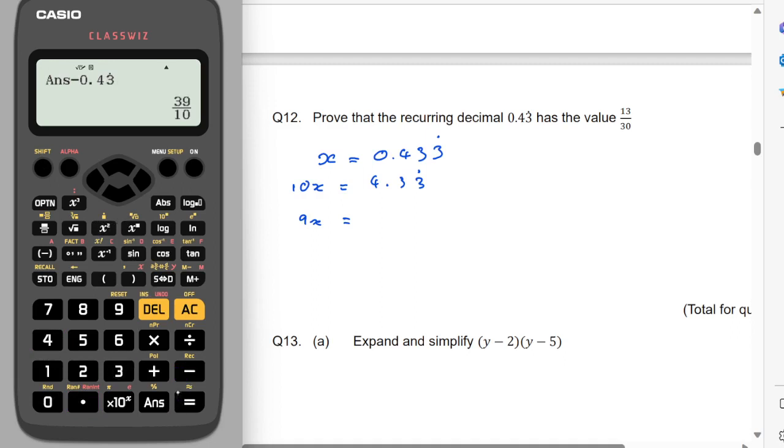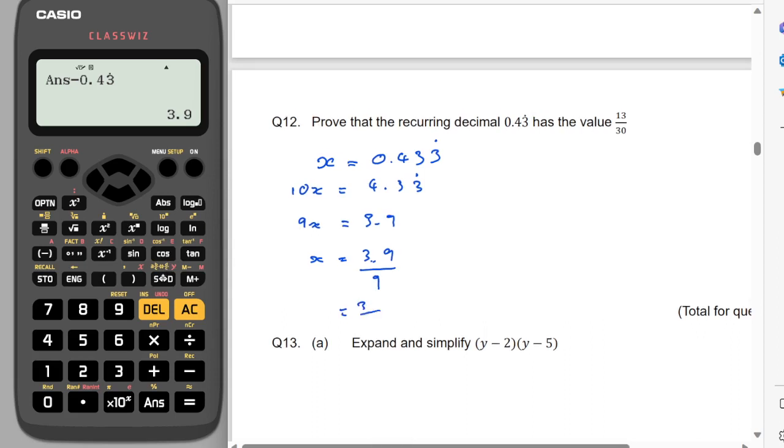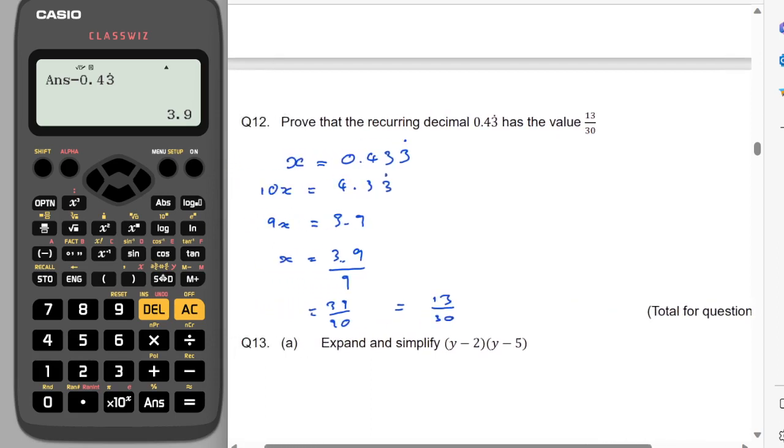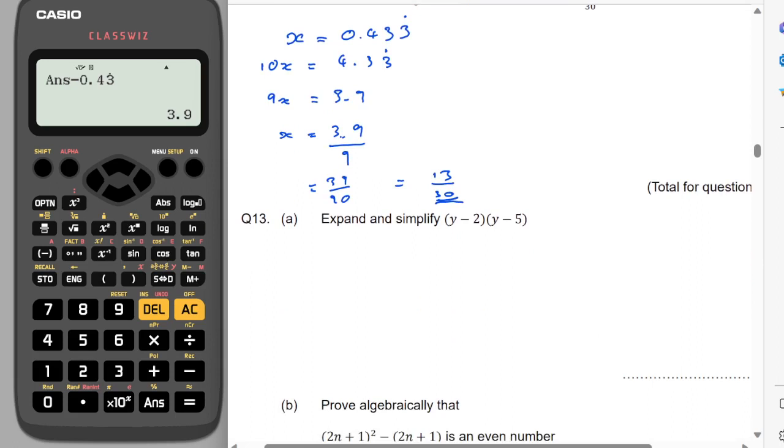So when I do that, I get, let's do it as a decimal, 3.9. So x is going to be equal to 3.9 over 9, which is going to be equal to 39 over 90, which is going to be equal to 13 out of 30. There we go. Which is what we were asked to show in the question.